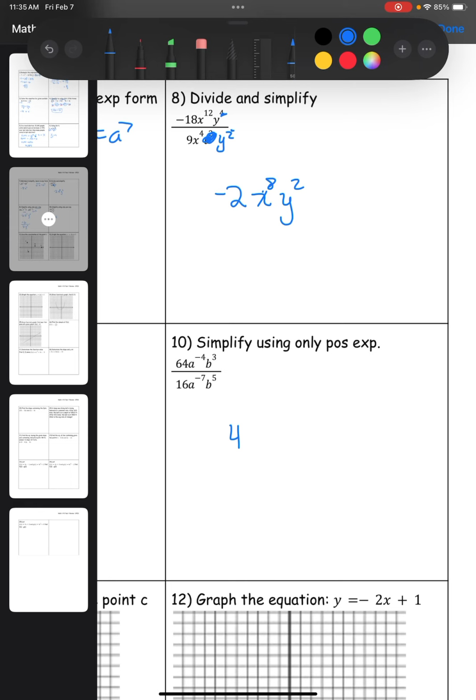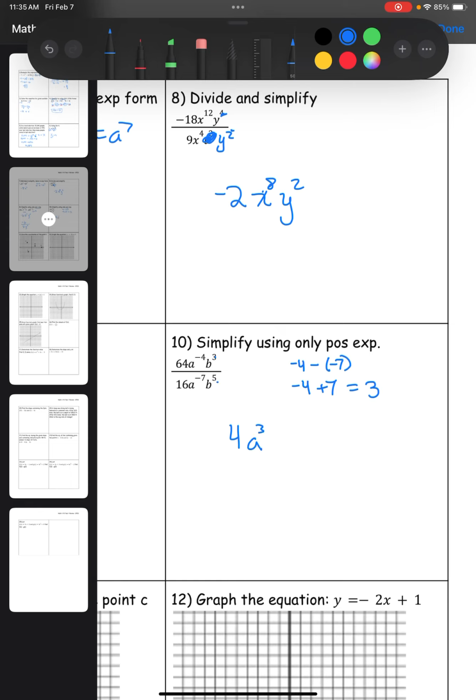You saw your teacher in class make them positive, and whatever was bigger was what you kept on the bottom or on the top. What I'm going to do to show you my method is straight up do negative 4 minus negative 7. I just go from top to bottom, and negative 4 plus 7 equals 3. So then you're left with a to the 3rd.